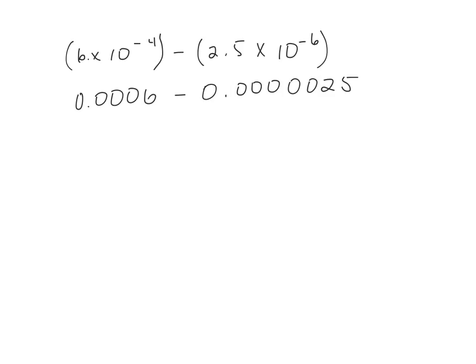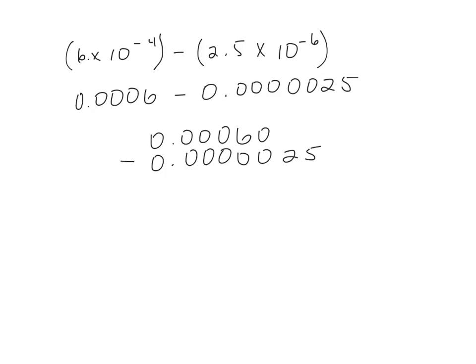Again, be careful. You guys have the option of using your calculator here. I'm just going to subtract them. So when you line them up, I have to line up the decimals. So this one has 1, 2, 3, 4, 5 zeros. And then 2, 5, and I fill in up here with zeros.